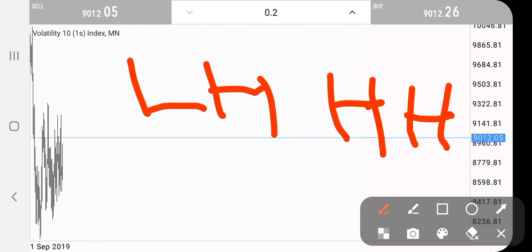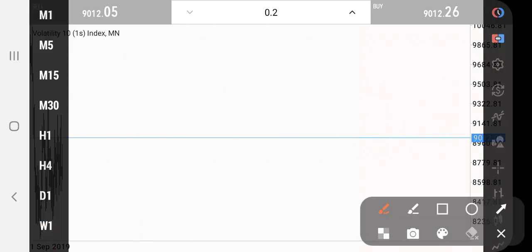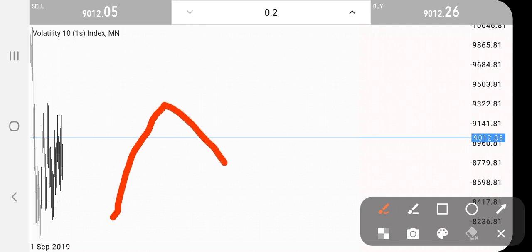In an uptrend, the market moves from this area, from a lower point to a higher point, then comes back to retest, then moves to break the previous higher high to make another higher high, which is higher than this high.